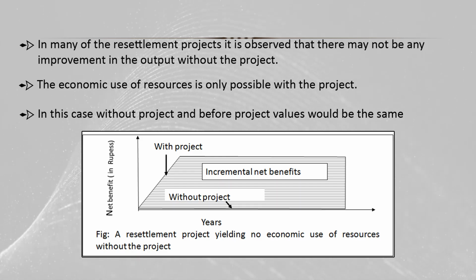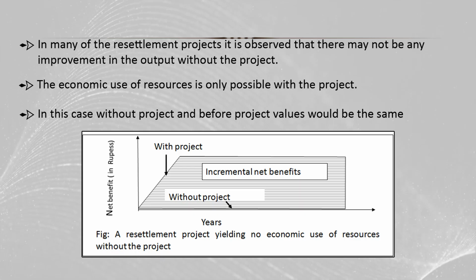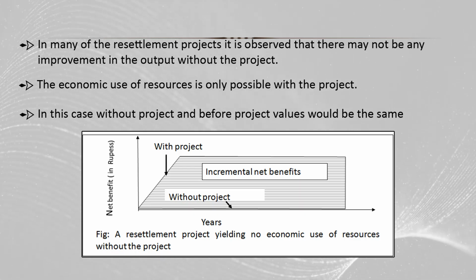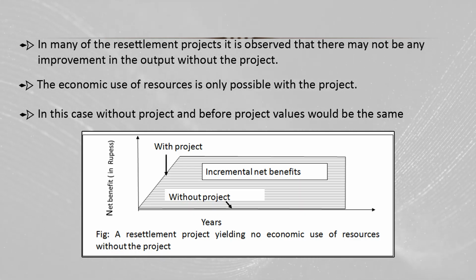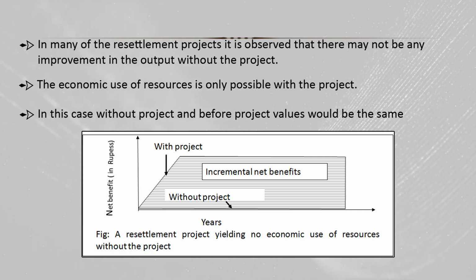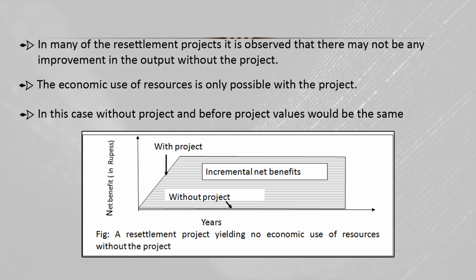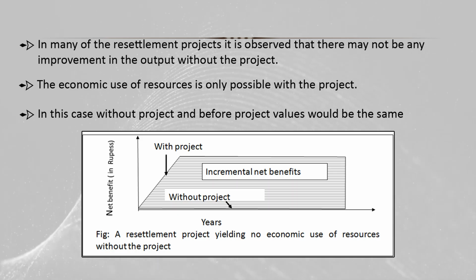Only if we introduce a project will the production start. So that is wholly attributed to the investment in the resettlement project. That is a typical situation where production is due only to the project. Without the project there is no production activity. So the example is the resettlement project.